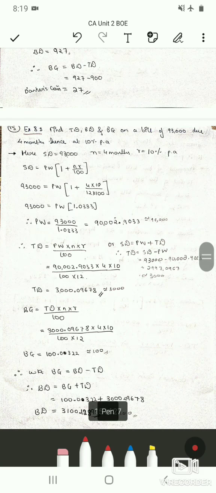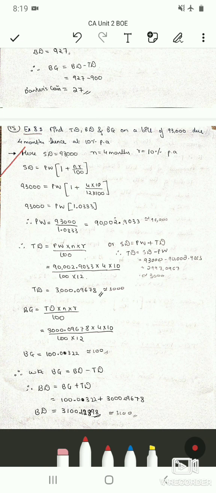So the eighth problem is: find true discount, banker's discount and banker's gain on a bill of 93,000 due 4 months hence at 10% per annum. In this question they have given the amount of the bill, which is 93,000, the period is 4 months, and the rate of interest is 10%.